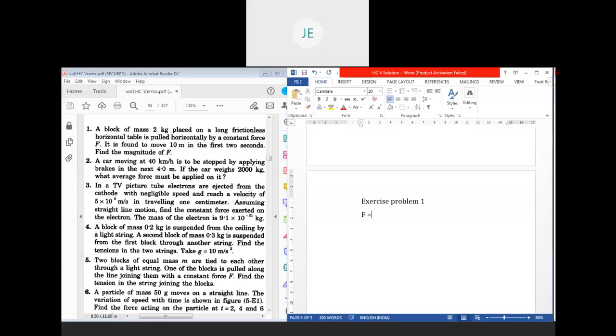According to Newton's second law, what is the force formula? Mass into acceleration. Mass is given, and acceleration is to be found from the given data, then find the force.